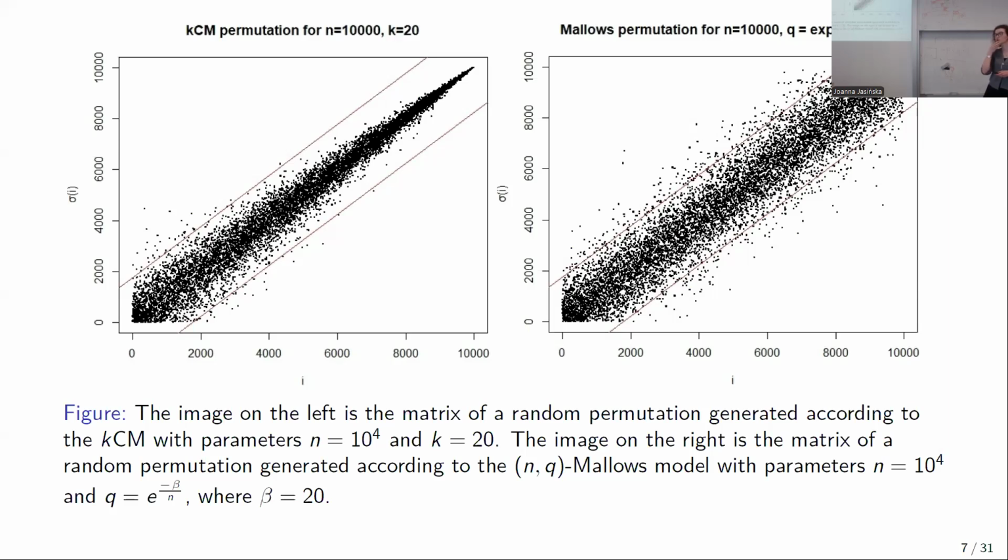So the meaning of being inside this tube is that with high probability most of the points will be inside. But not every permutation. Mallows just generates inside of the tube, but if I'm inside of the tube, Mallows does not necessarily generate it, and the general model has this same property. Yes, exactly.